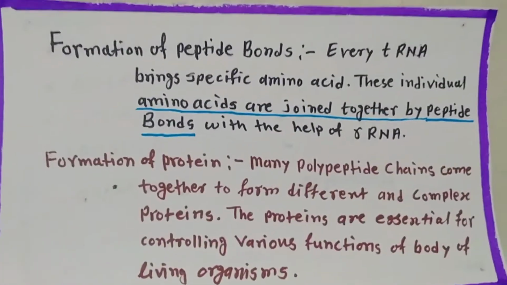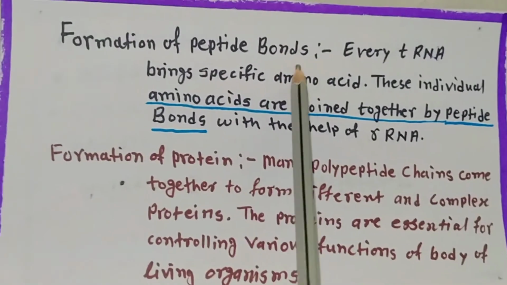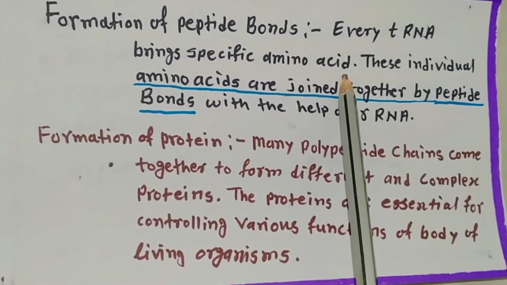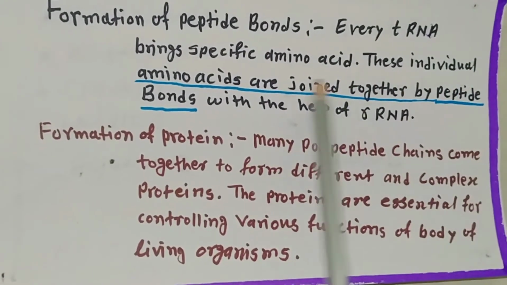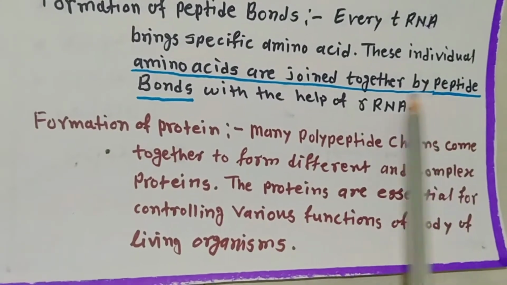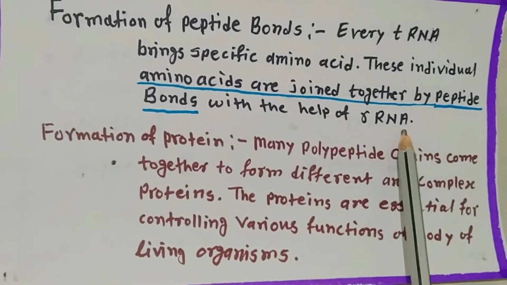Now learn about the formation of peptide bonds. Every transfer RNA brings a specific amino acid. These individual amino acids are joined together by peptide bonds with the help of ribosomal RNA.